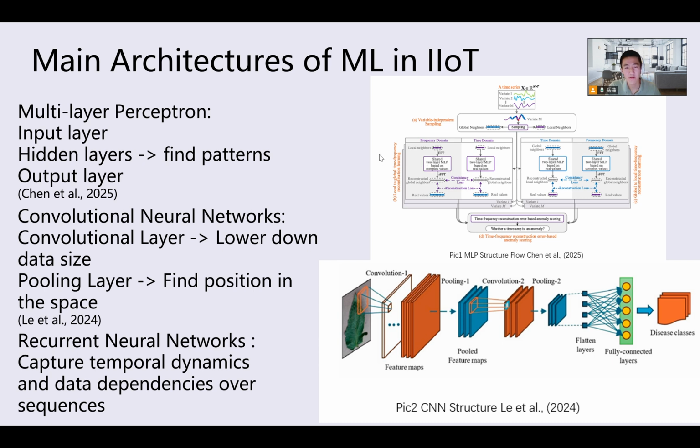However, there are also situations when we need to deal with image data. In this situation, the data is no longer fixed length, so we need new architectures like the convolutional neural network. The convolutional neural network has two major layers, the convolutional layer and the pooling layer.